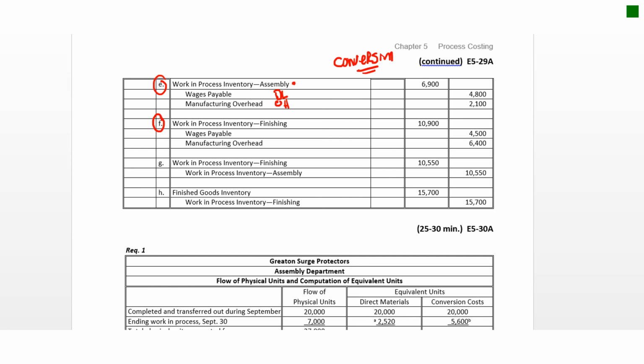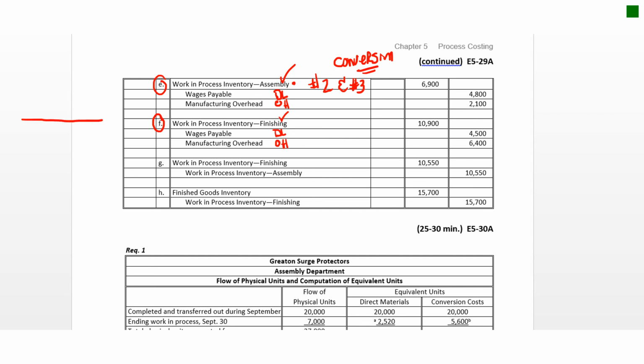Notice everything still goes into WIP because this is product cost number 2 and product cost number 3. They combined it with conversion, and they did this both in letters E and in letter F. One is for the assembling department and the other one is for finishing, but it's the same idea. The wages payable, that's your direct labor, and then the manufacturing overhead, this is your allocated overhead, and so you'd credit the manufacturing overhead for the allocation, and of course you debit WIP for the allocated overhead.